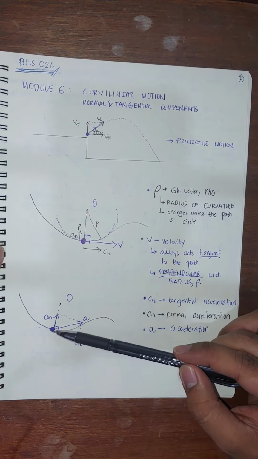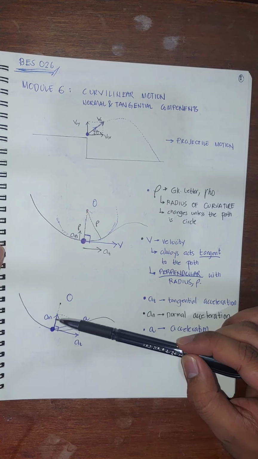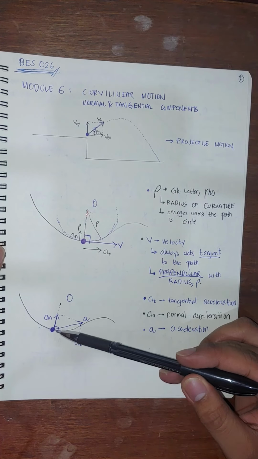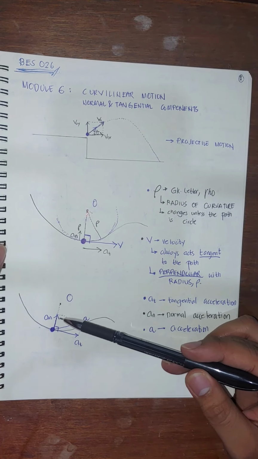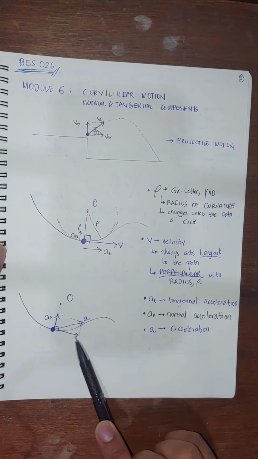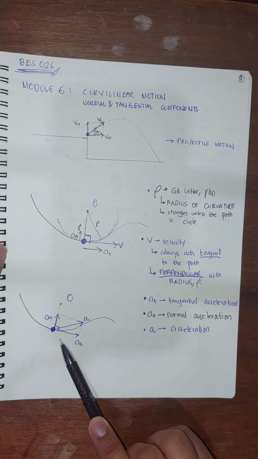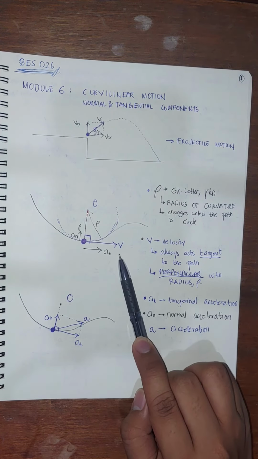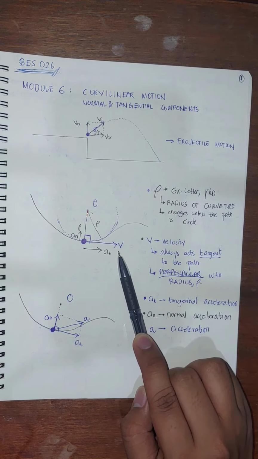The normal acceleration is directed towards the center of the curve, the same as the radius. And the tangential acceleration is always tangent along the path, 90 degrees with the normal acceleration. The direction of the tangential acceleration is the same as the direction of the velocity.